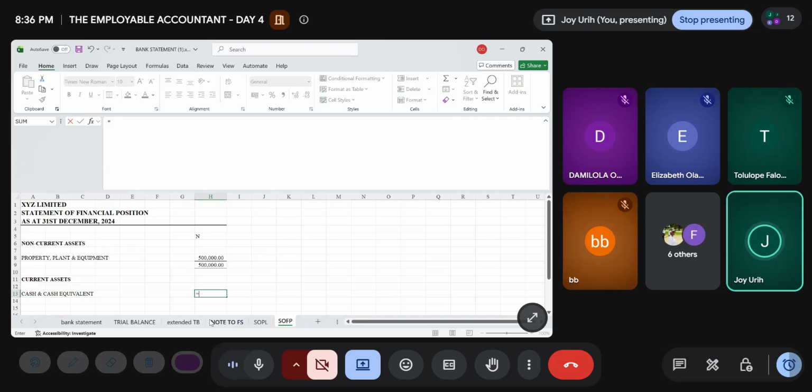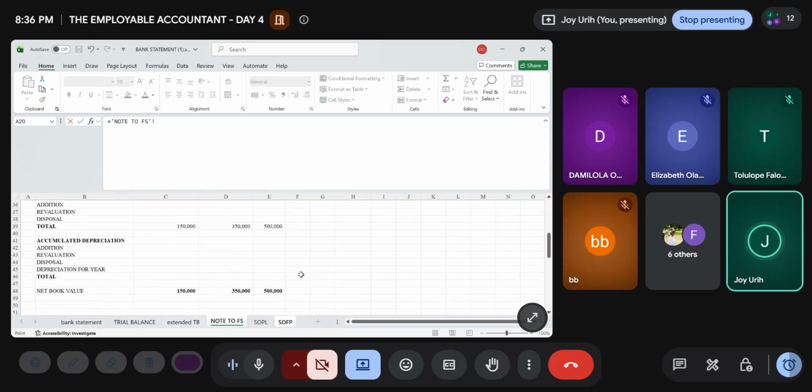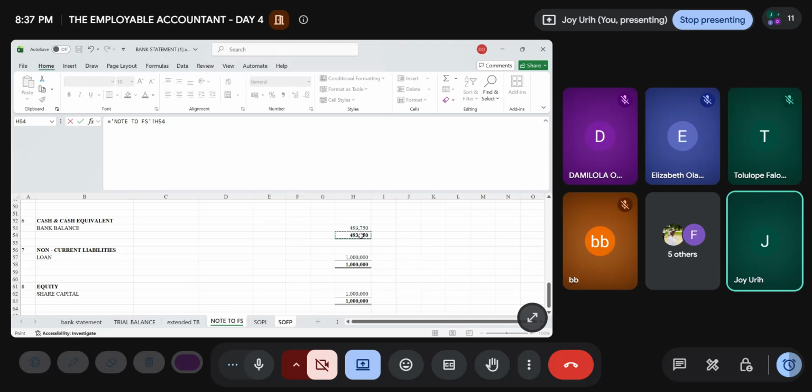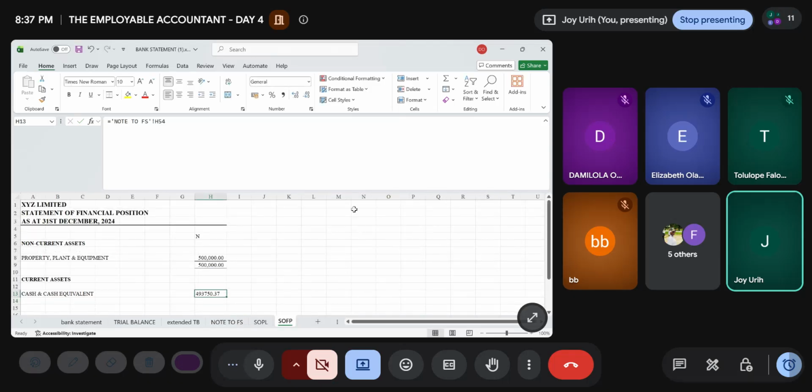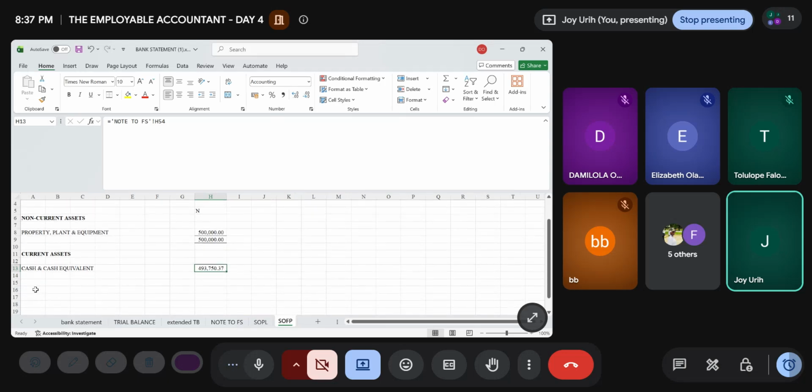So we are going to pick it from our notes to the financial statement. The next thing to do is sum this up. We'll sum this up. Then we have our total assets.